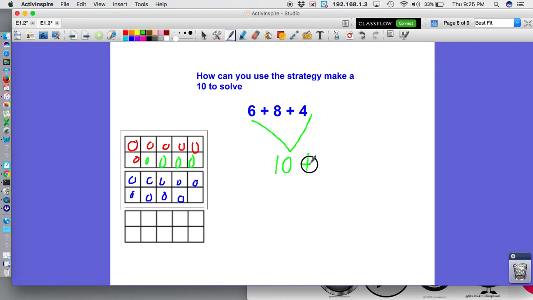And now we have 10 plus 8. And that equals 18. Made a mistake there. I had to erase one.